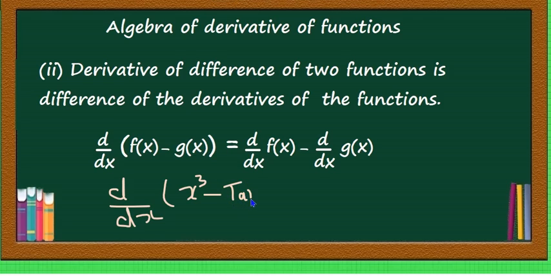If we apply the formula, it will become the derivative of the first function minus the derivative of the second function, that is d by dx of x cube minus d by dx of the second function, tan x.